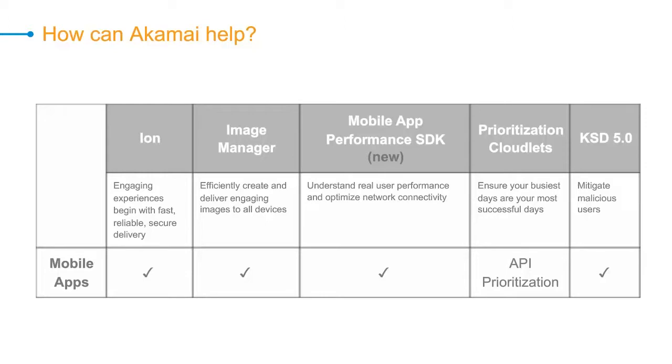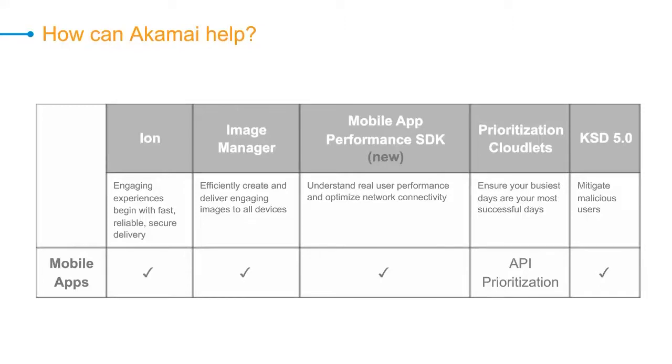That's using our prioritization cloudlet. So that's the four performance features: Ion, Image Manager, Mobile App Performance SDK, and the prioritization cloudlets are focused primarily on improving app performance and ensuring reliability. The fifth item in that list is KSD.